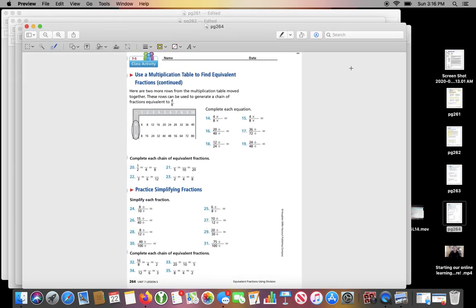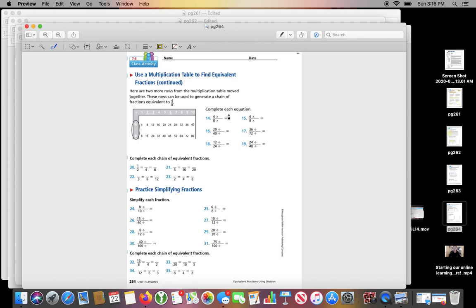So for this page, there's more than one right answer. It's leaving you blank, but it wants you to use the multiplication chart. So 4/8, what can I multiply by to get an equivalent fraction? I can multiply by anything on this multiplication chart. So I could do 4/8 times 4/4, right?